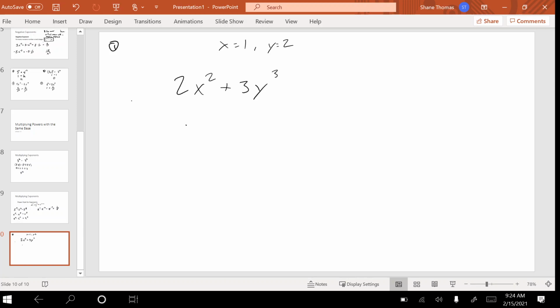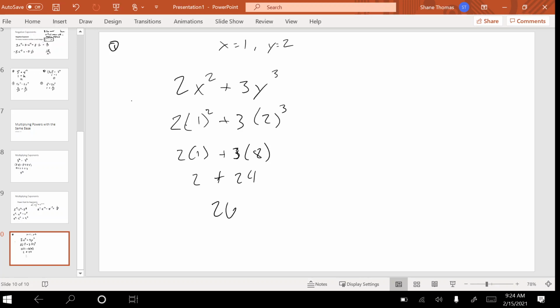Just plug it in. 2 times 1 squared plus 3 times 2 cubed. 1 squared is 1, right? So I have 2 times 1. What's 2 to the third? 8. What's 2 times 1? 2. 3 times 8. 24. 2 and 24 is 26.